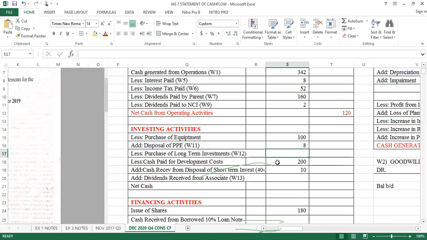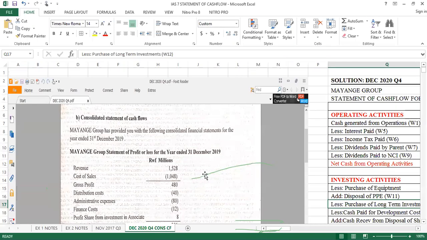We have purchase of long-term investments. I think we can get it directly. It is not, of course. Do we have long-term investments that were purchased? Let me see.